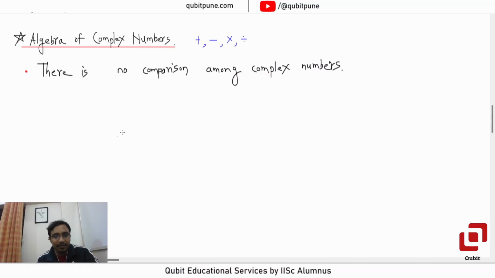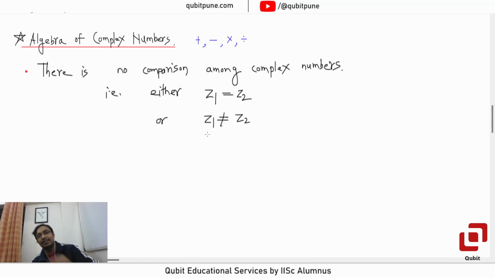Which means either z1 will be equal to z2 or z1 will not be equal to z2. We cannot say z1 is greater than z2 or z1 is smaller than z2. That is only there in real numbers.